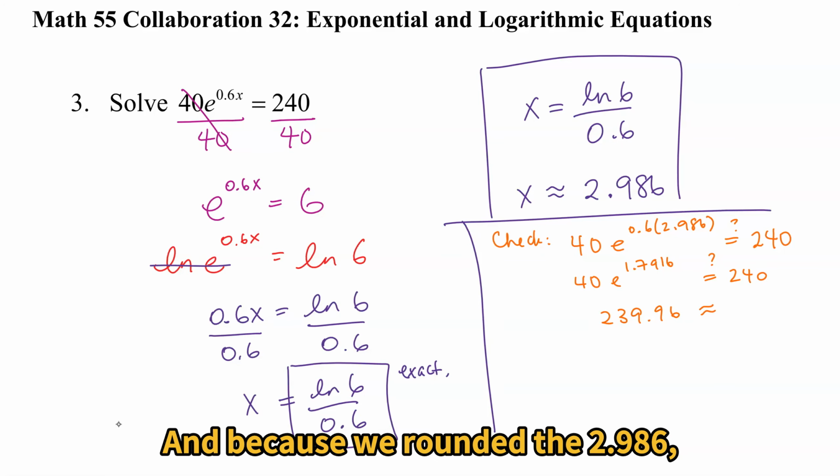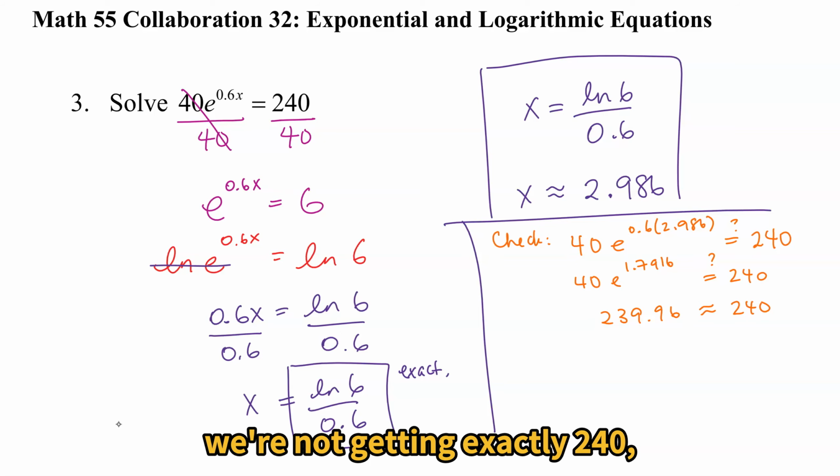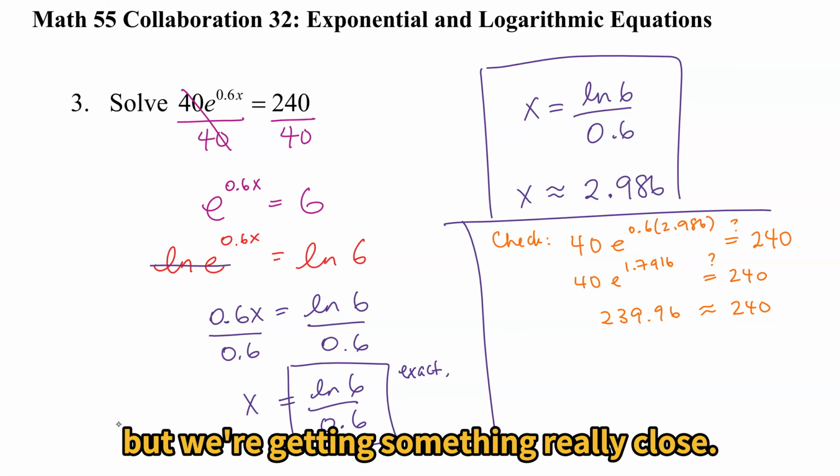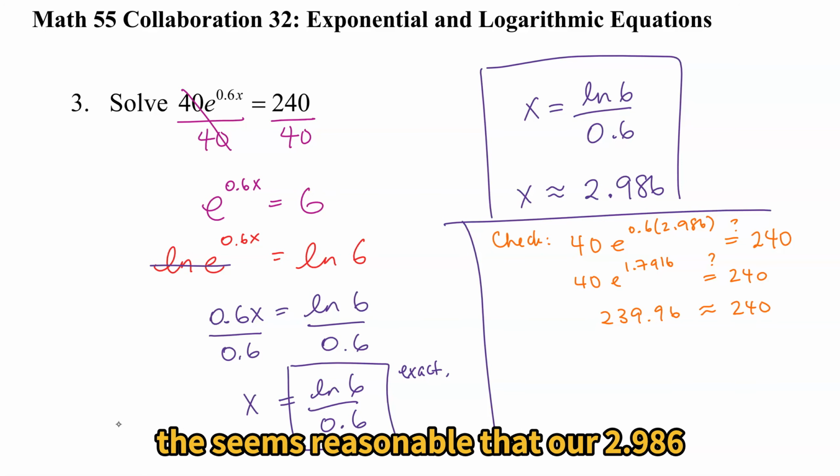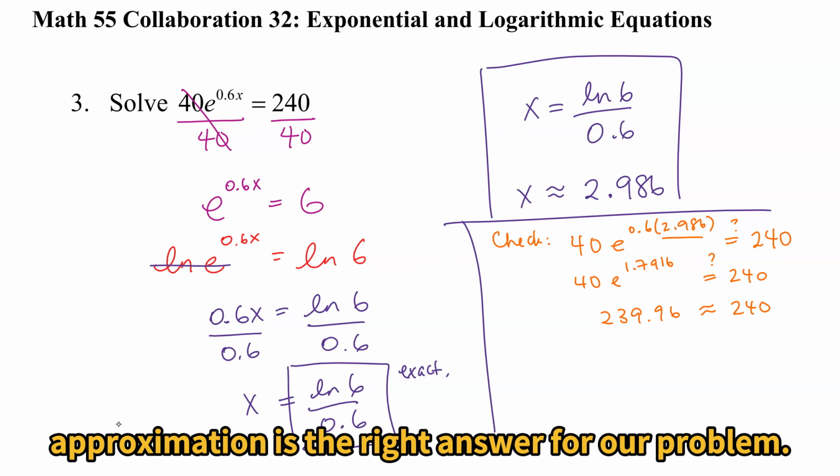And because we rounded the 2.986, we're not getting exactly 240, but we're getting something really close. So this makes sense. This seems reasonable that our 2.986 approximation is the right answer for our problem.